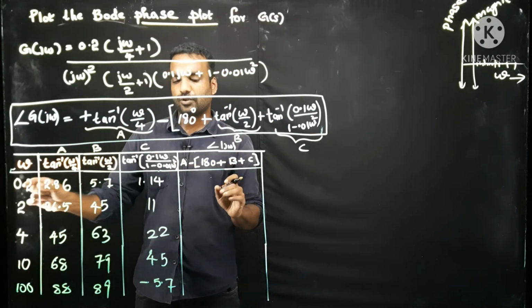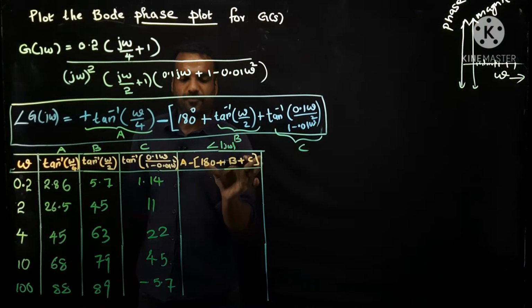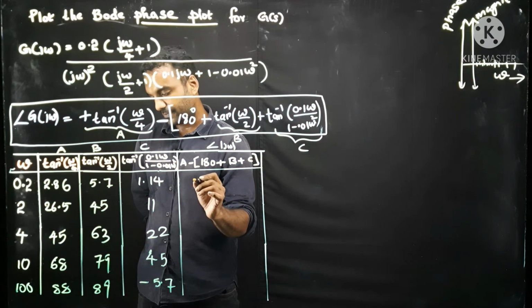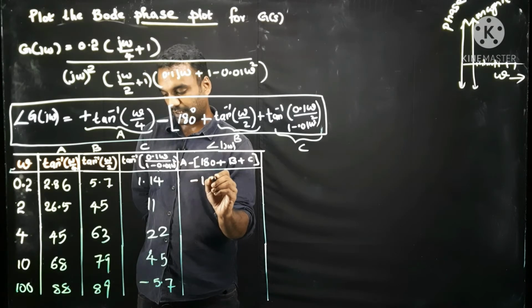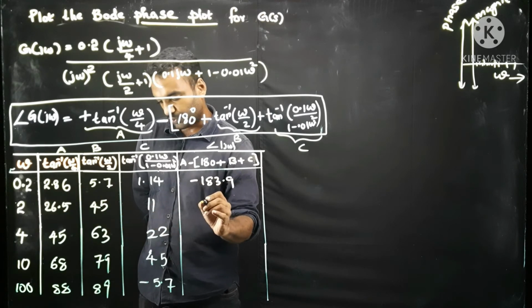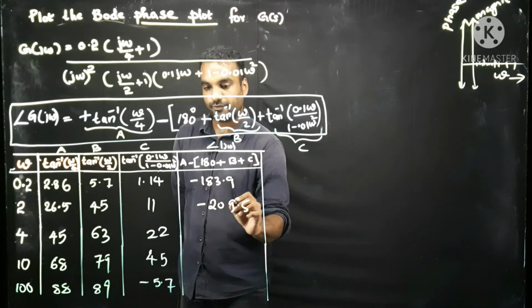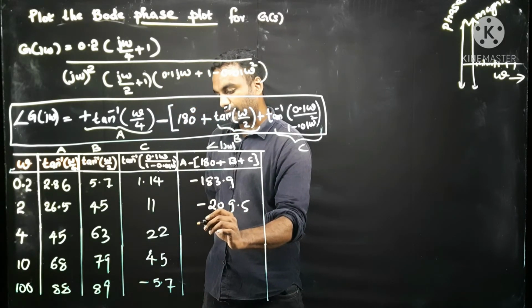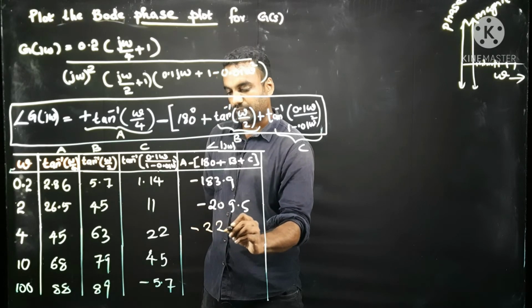So if omega is equal to 0.2, you substitute A, B, C in this form, then you will get the final answer as minus 183.9, and when omega is equal to 2, you will get minus 209.5. When omega is equal to 4, you will get minus 220.